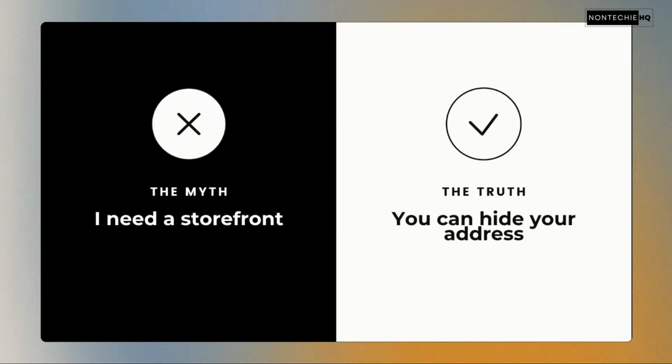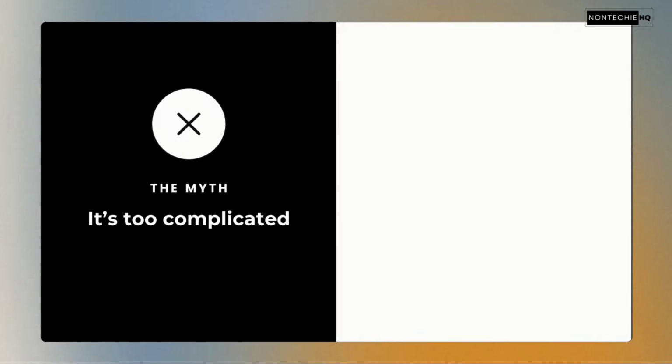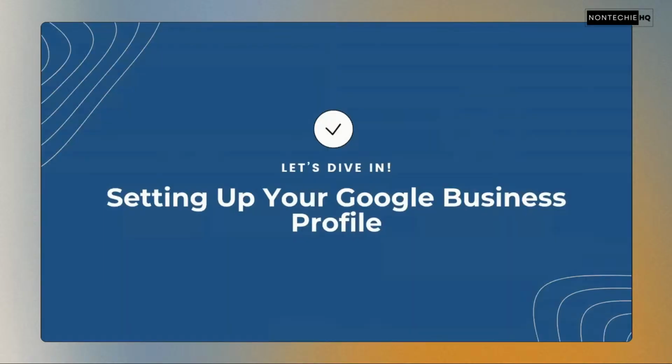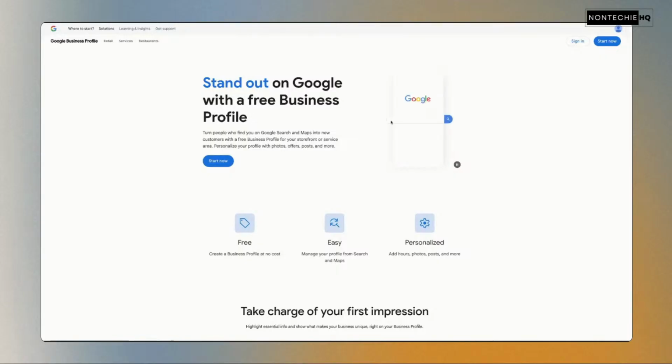You now can list a profile without your address being visible. And the last thing that I always hear is it's too complicated. And it used to be, and now it is very straightforward with a step-by-step setup. They have really streamlined it. So we're going to get started with this Google Business Profile.